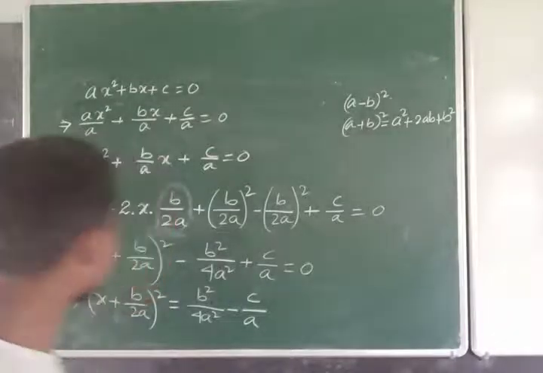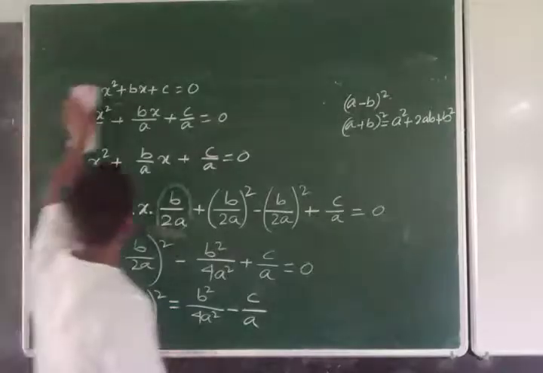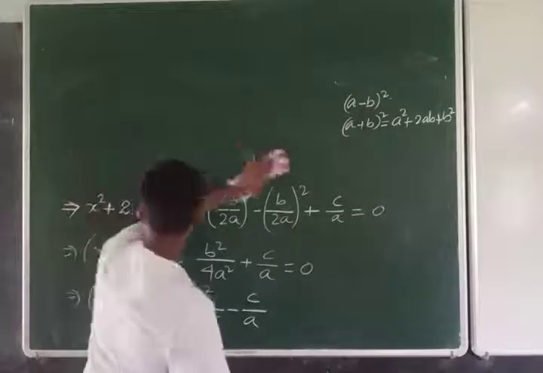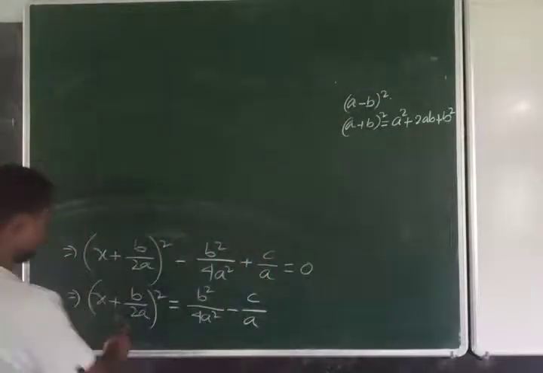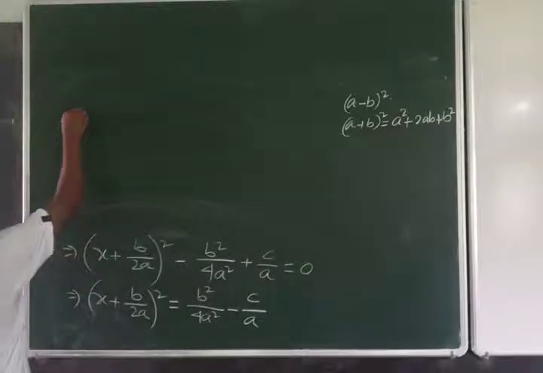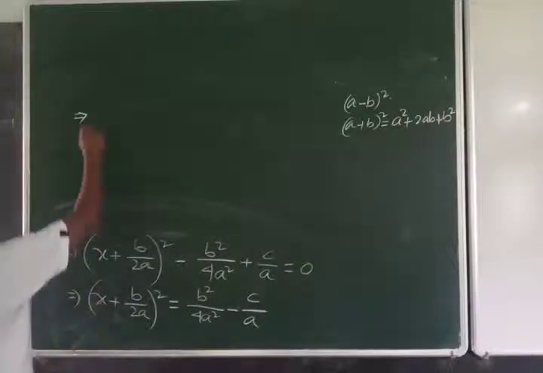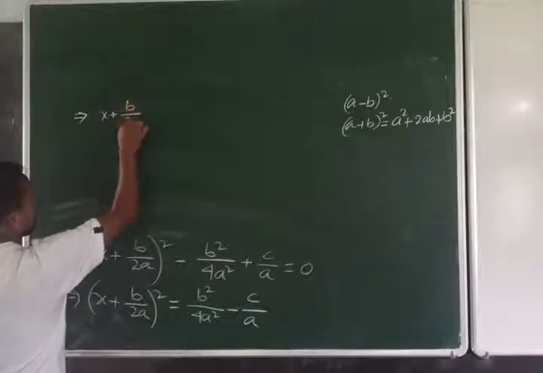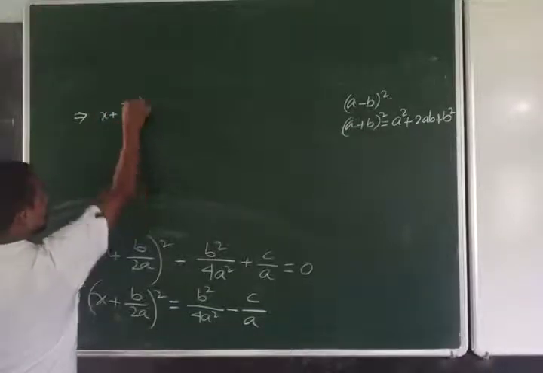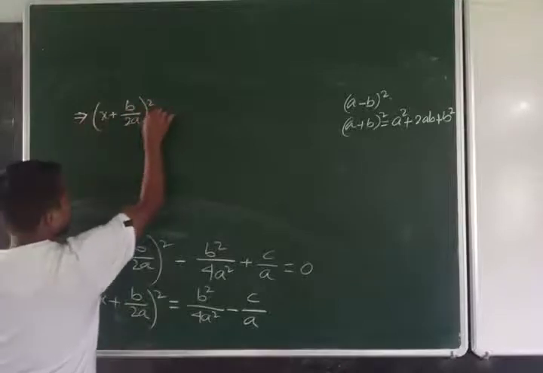Then the next part of this: x plus b by twice a whole square equals.